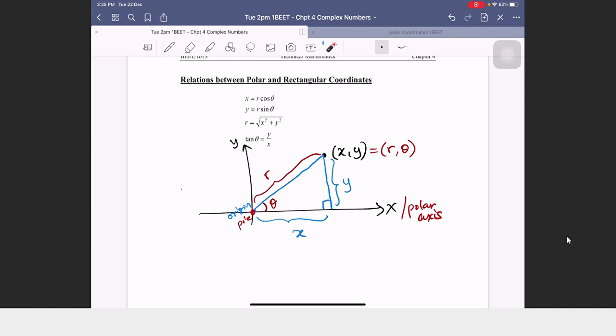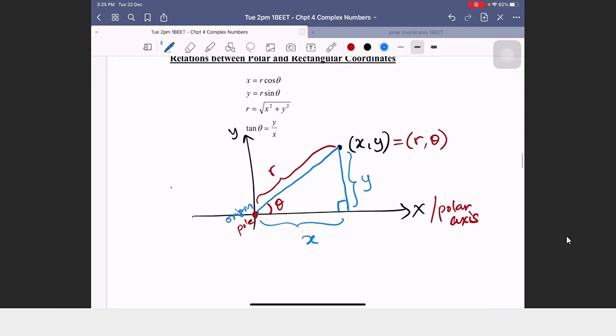So you can actually find a relationship between x, y, r, theta. Which means if you want to find the relationship between polar coordinates and the rectangular coordinate system, we are going to look at it from here. We will try to define the relationship from this right angle triangle.